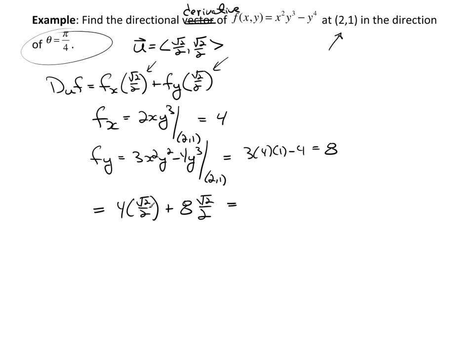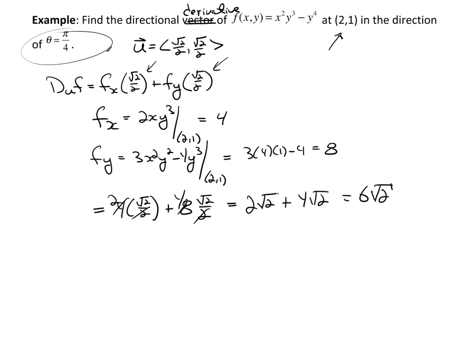So what this is saying is that the rate of change of z in the direction of pi over 4 at the point 2, 1 of this surface is positive, so it's going up. And that rate is 6 root 2.